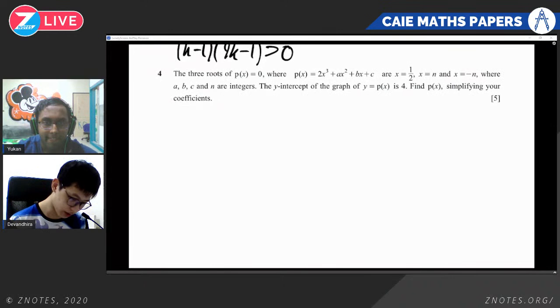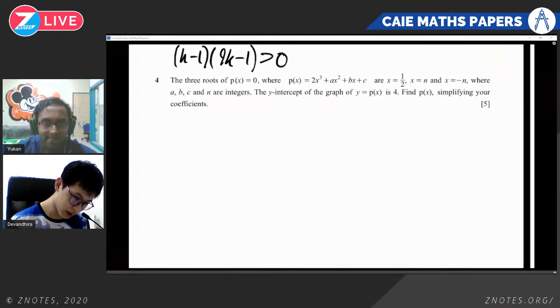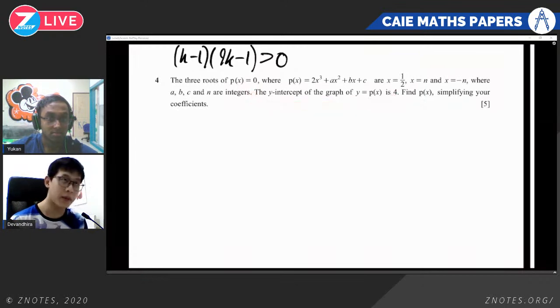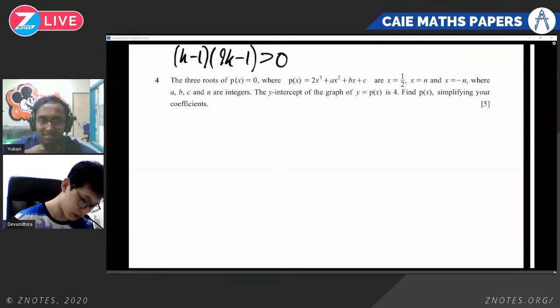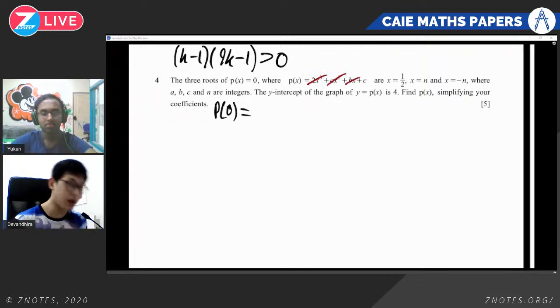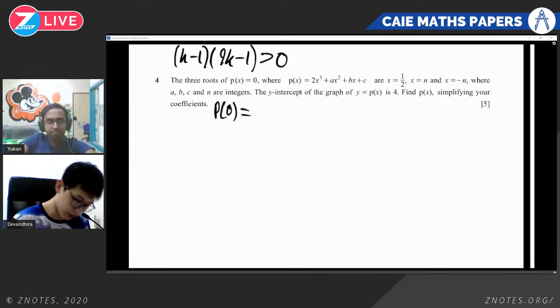It might look scary. The first thing I realize is the y-intercept of the graph is 4. What does that mean? How do you find the y-intercept? That is when it intersects the y-axis, and that's when x is 0. Exactly. So when we put p of 0, these three terms get cancelled because they have x's in them, and we're left with just c.